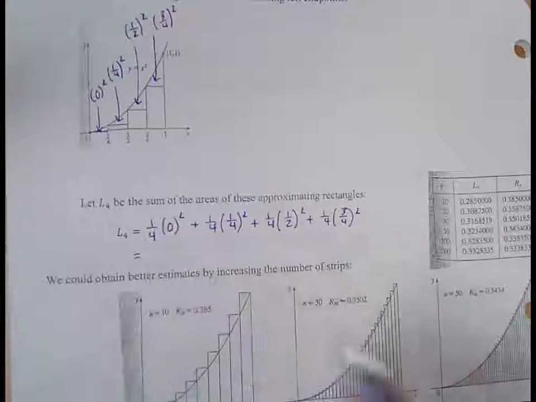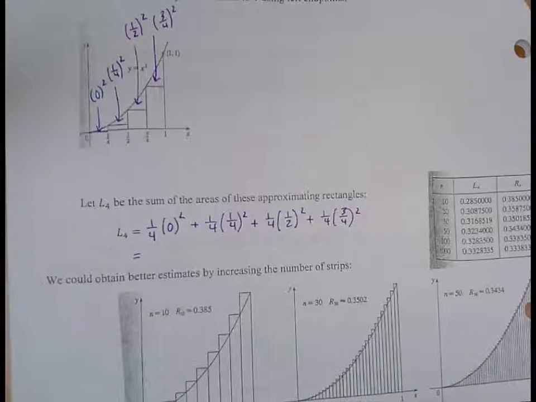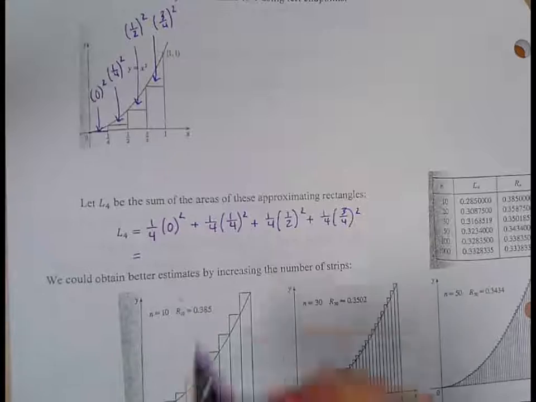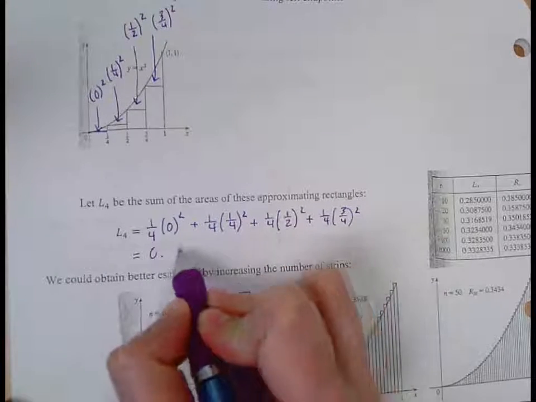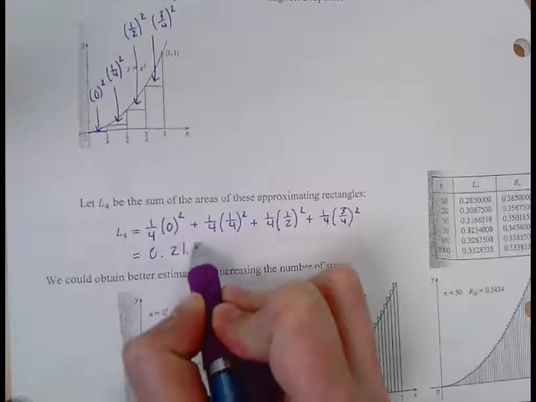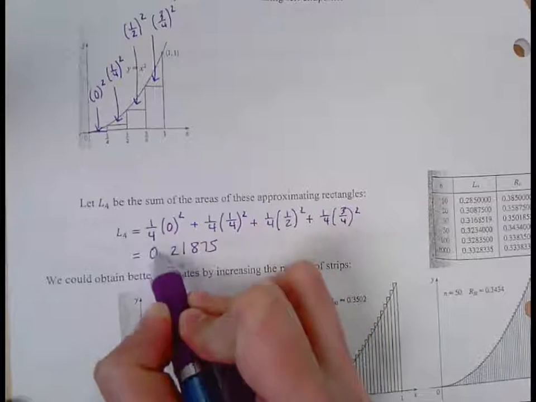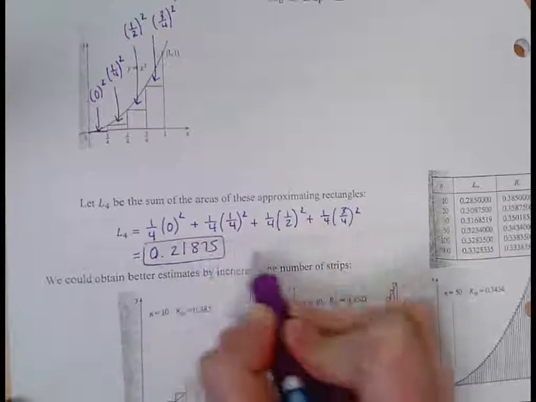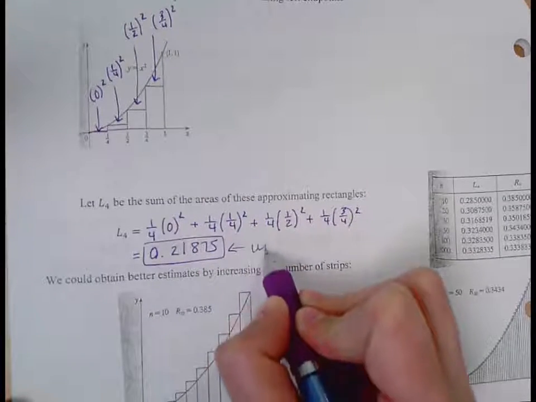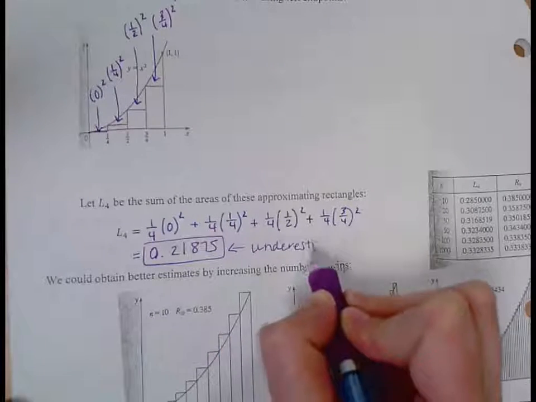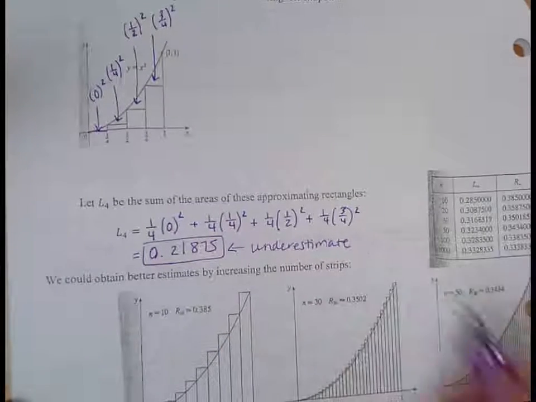Just to save time, you would type this in your calculator. I have the value already. To 5 decimal places, it's 0.21875. And this, as we said, would be an underestimate for this curve.